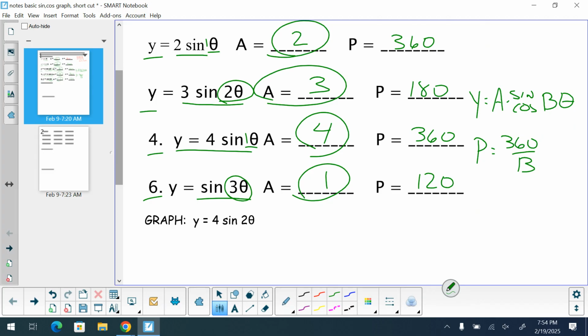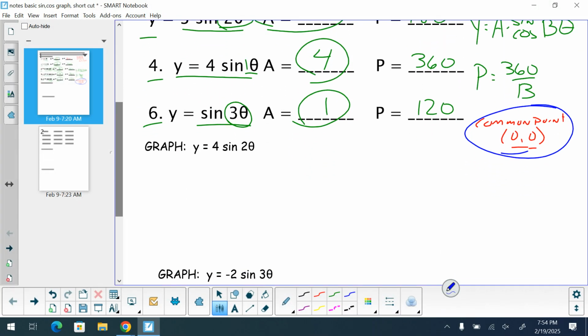And that one common point is 0, 0. Because if I take the sine of 0, I'm going to get 0. If I take 3 times 0, I still get 0. If I get 4 times 0, I still get 0. If I have 2 times 0, I get 0. So I'm still taking the sine of 0. So no matter what value I'm dealing with here with my coefficient of B, I have a common point of 0, 0.